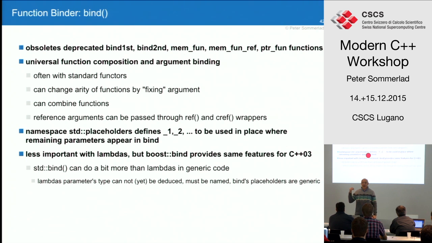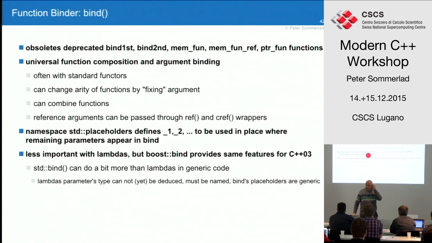So they might fix a specific argument and keep another argument open. They can also be used to combine function objects, like create a new function object where calling one gets the argument of calling another one, and then make that a combined function object.